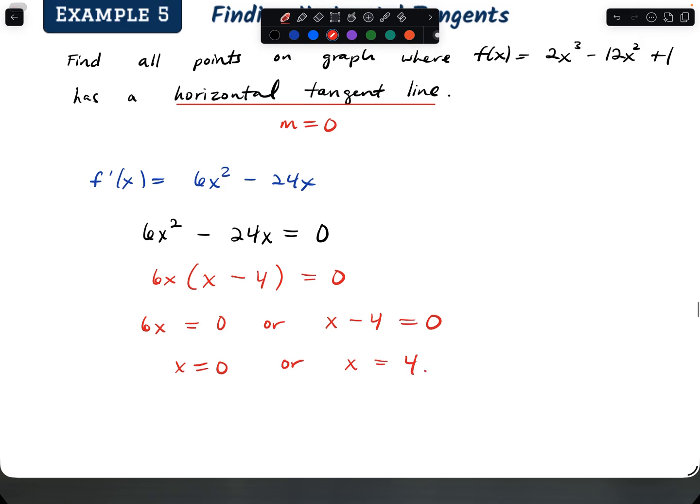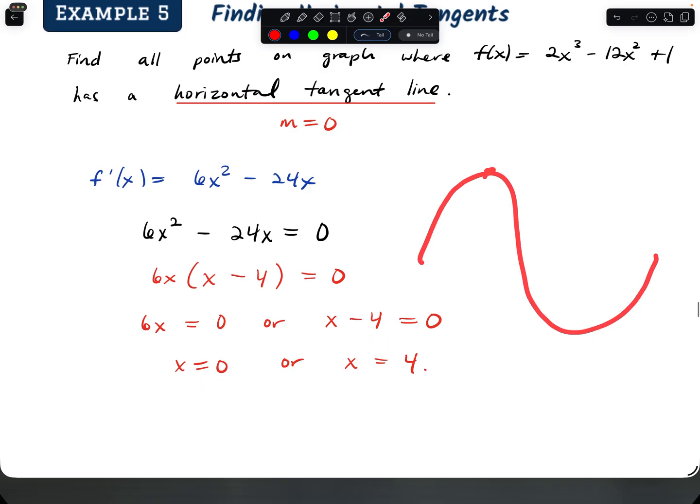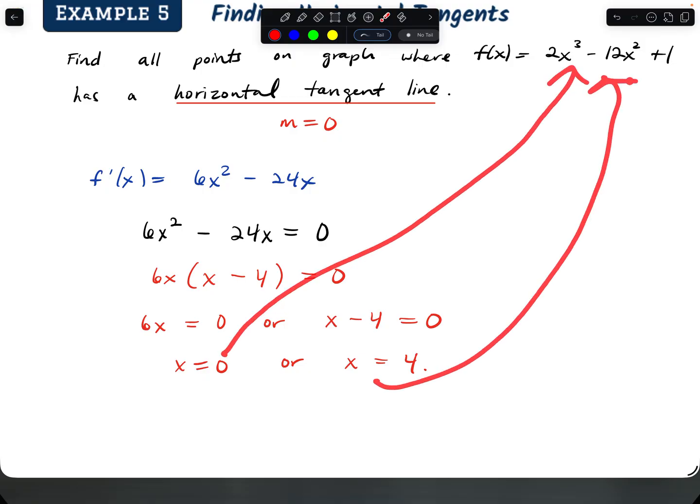So these are the two x values where if I graph this function, there'd be a horizontal tangent line. So the curve's maybe doing something like this, and that's what that means. So we know the x values. To find the y values, I need to take each point and plug it into my function.